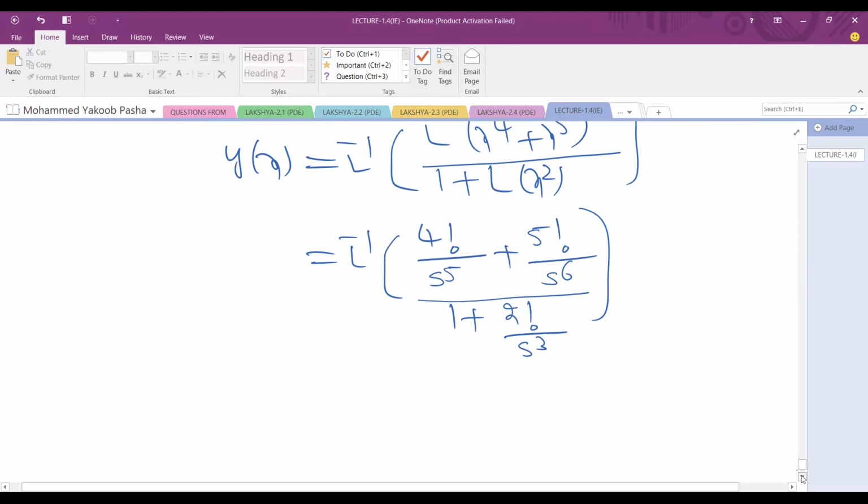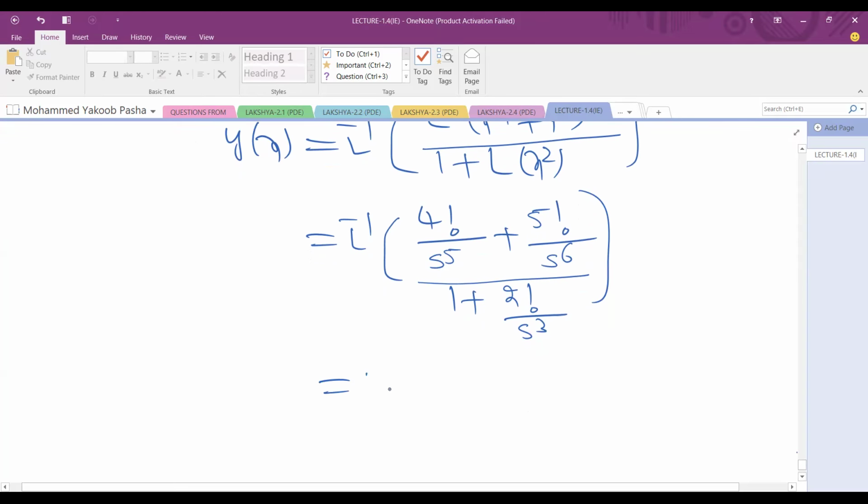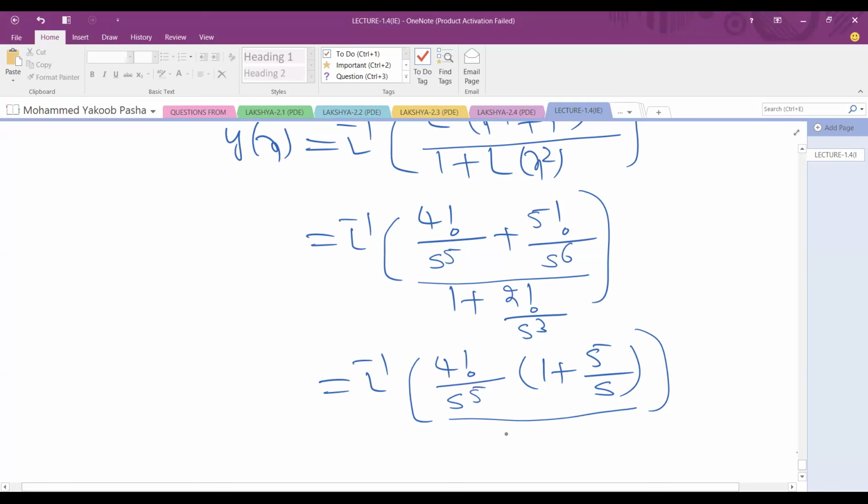So this is equal to inverse Laplacian of, can I take 4 factorial common in the numerator? 4 factorial by s power 5 becomes common. So here 1, and the remaining here is 5 by s. Denominator 1 plus 2 by s.